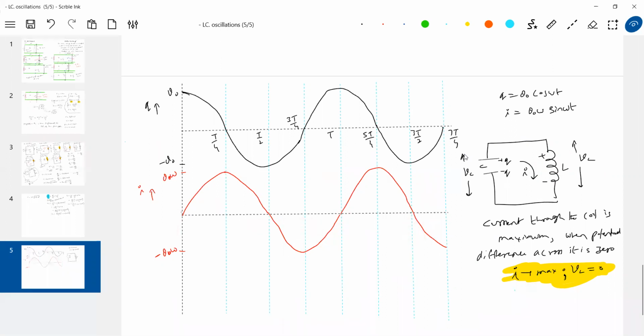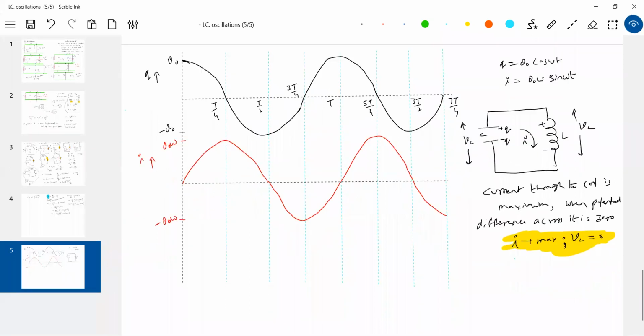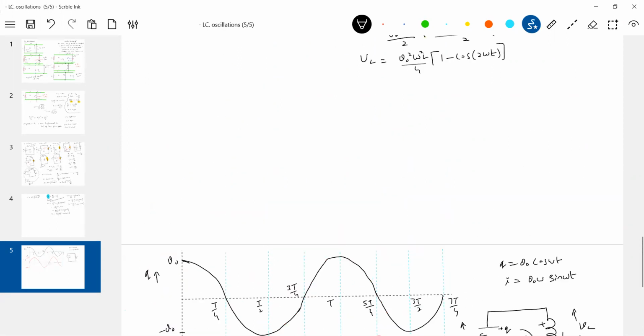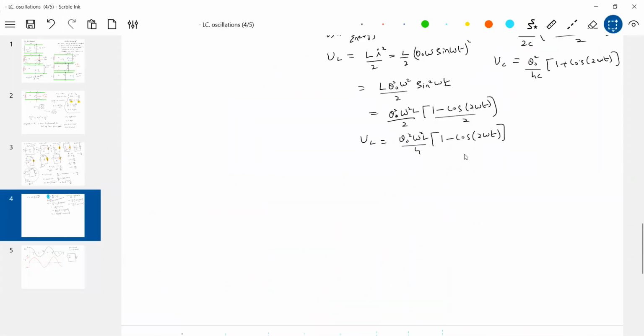Very important here. Let's plot the energy equation. I think now we know the expression for energy. Already we have that equation, sine cos.